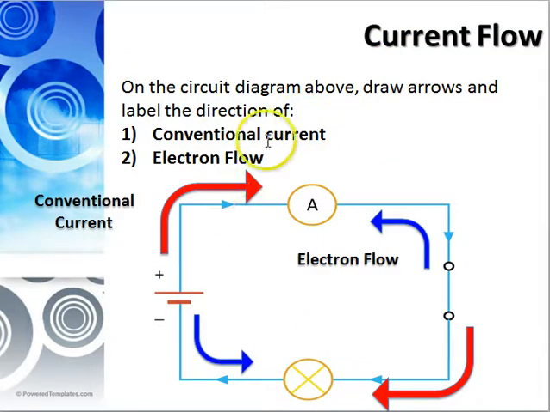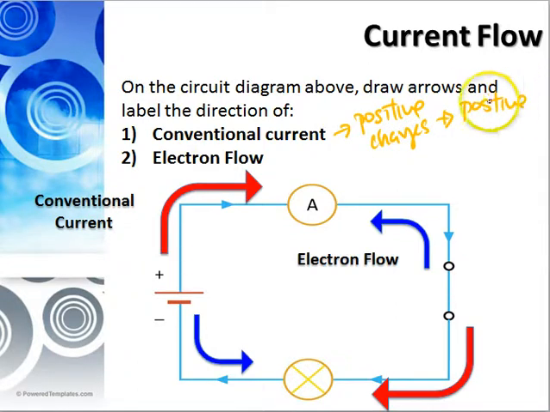So on the circuit diagram, you can see we have the conventional current and we have the electron flow. Where's our battery? Our battery is here. Conventional current is a flow of positive charges. It flows from the positive terminal of the battery to the negative terminal. How about this?